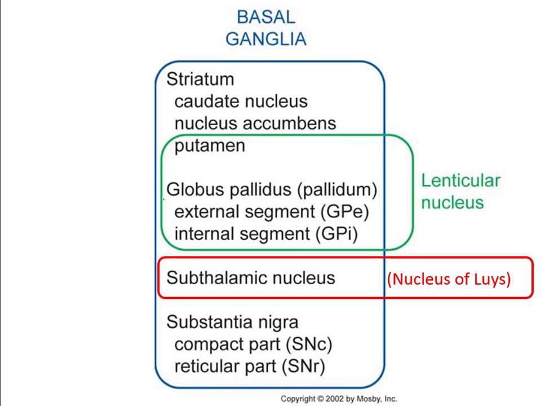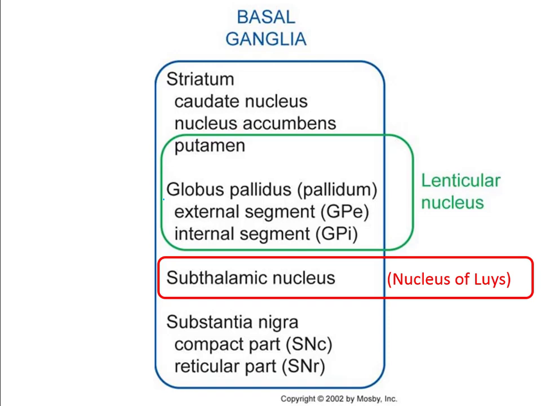Okay? So here's the way we do nomenclature. The whole thing is called basal ganglia. Striatum, as I said, is caudate, accumbens, and putamen. But putamen and globus pallidus, that's the ice cream in the ice cream cone, are known as the lenticular nucleus.